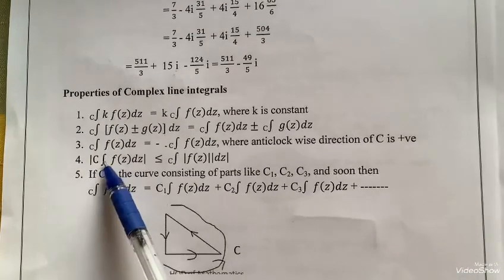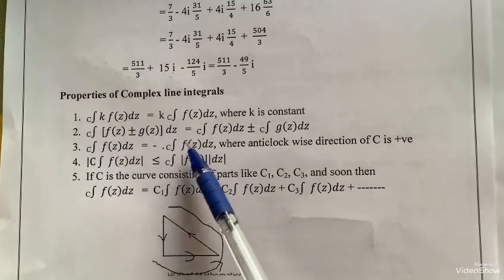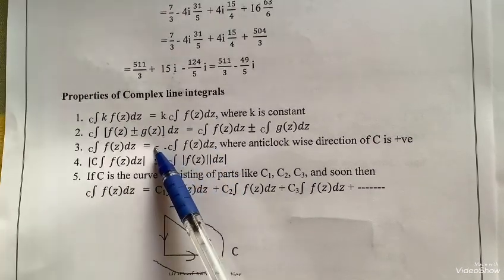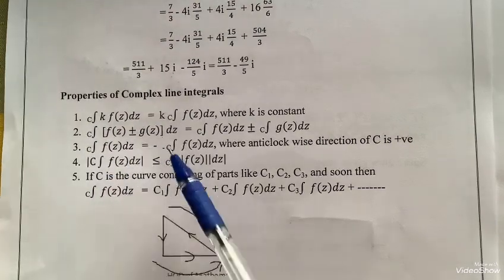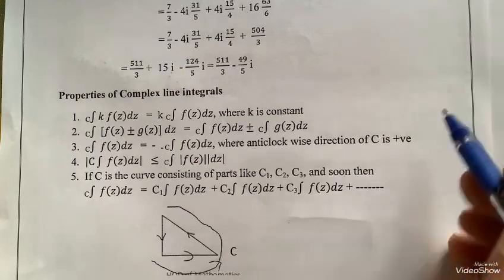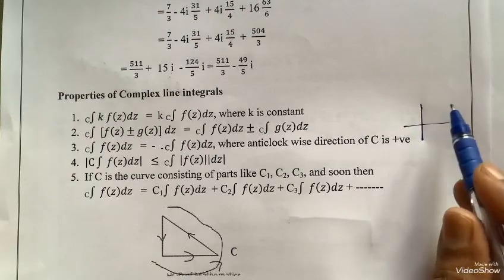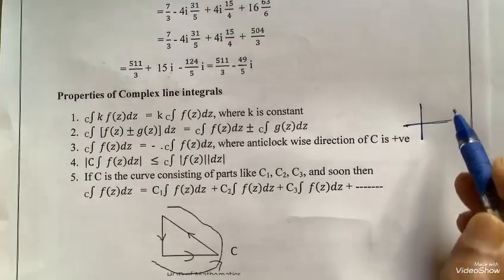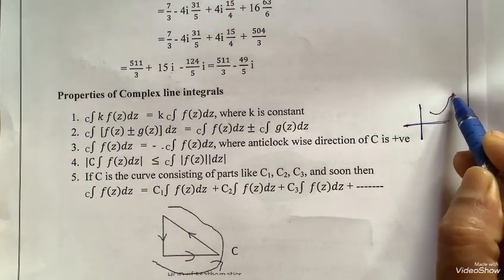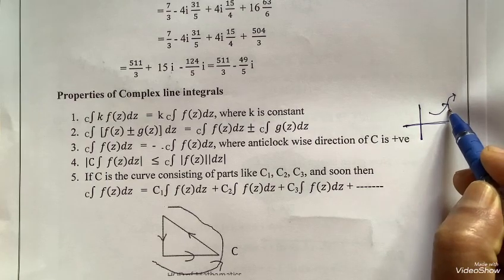Integration of f(z) dz over the curve C is equal to the integration of f(z) dz over minus C with a minus sign. This property is just similar to the real case, where the anti-clockwise direction of C is positive. In complex analysis, please remember the path of the curve is always taken in the anti-clockwise direction, not the clockwise direction.